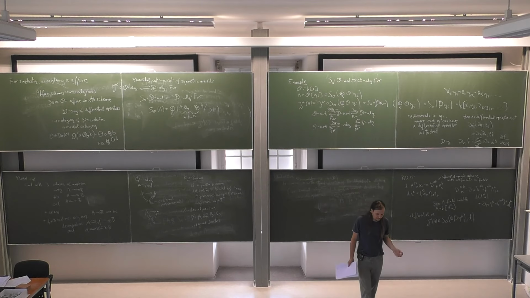So schemes: you can think by functor of points, as maps from commutative algebras to sets, which have a kind of sheaf condition. Now, if you want stacks, you still go from commutative algebras, but now you go to simplicial sets.